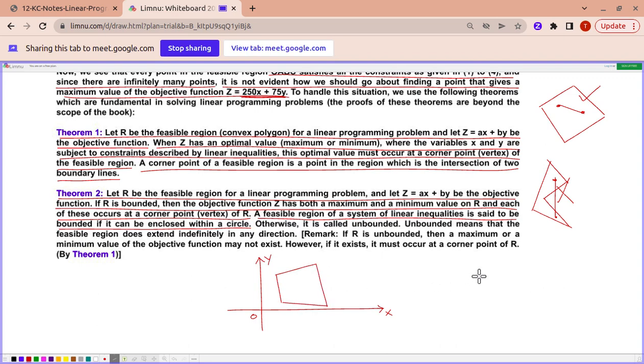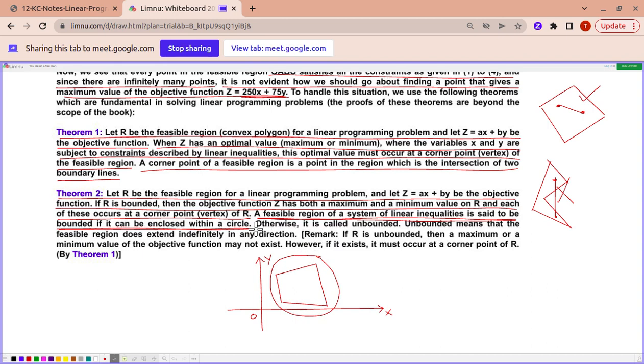Now in this statement, a feasible region of a system of linear inequalities is said to be bounded if it can be enclosed within a circle. That means we can enclose this entire feasible region within a circle. Then it is called a bounded one. Otherwise, it is called unbounded.